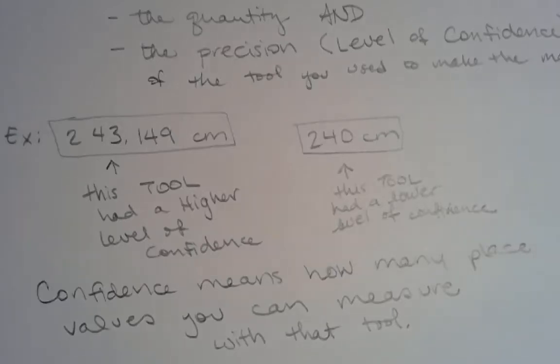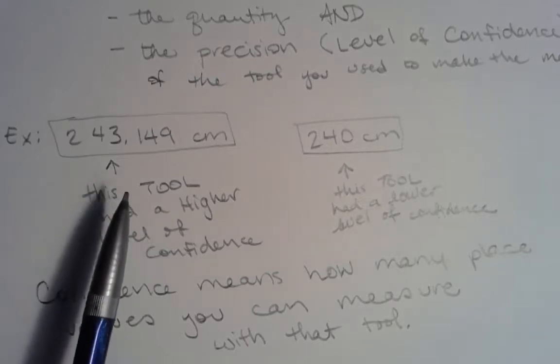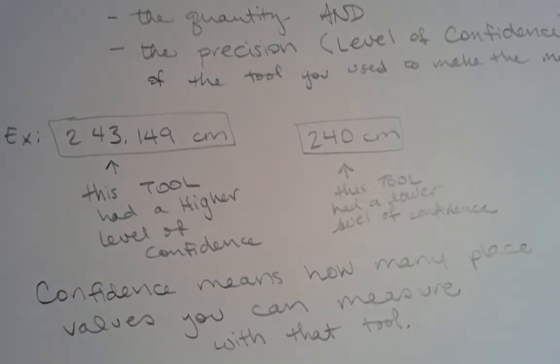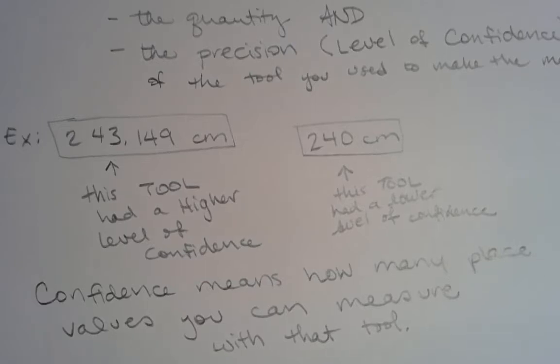Hello. Okay, so this video is part 2 of your condensed sig fig lesson, significant figures. We figured out that in science, our numbers are showing both the quantity and the level of precision of the tool that we originally used.